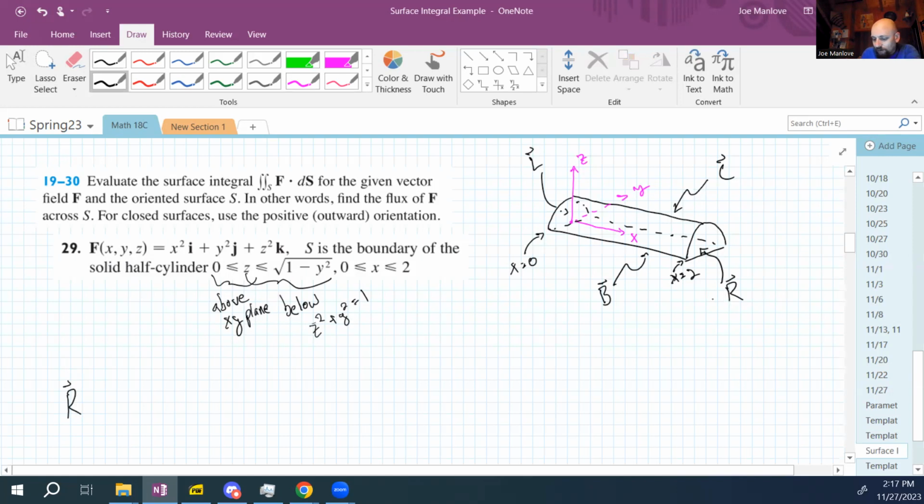So I think that R is going to be a function of, I'm kind of inclined to write y and z here, but I actually think that that thing being a half a circle is probably better in polar. So I'm going to split this thing up into polar chunks, right?